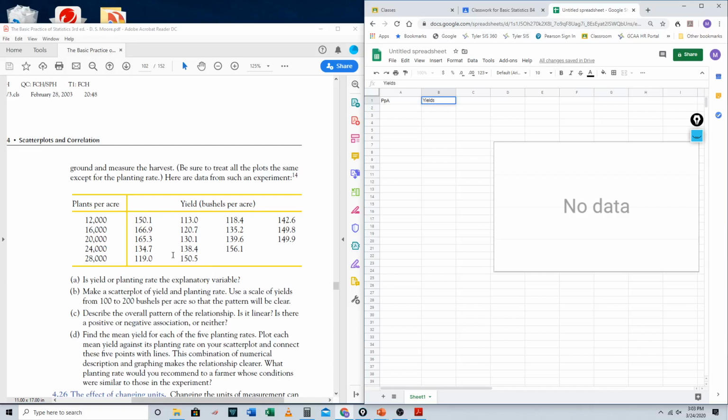So I think it means, let me think about this for a second. All right, so what this means is we're going to change our vertical axis once we have the chart up. So let's go ahead and put the chart up. Now here's the thing, we have 3 or 5 values for 12,000. So I'm just going to type in 12,000 5 times.